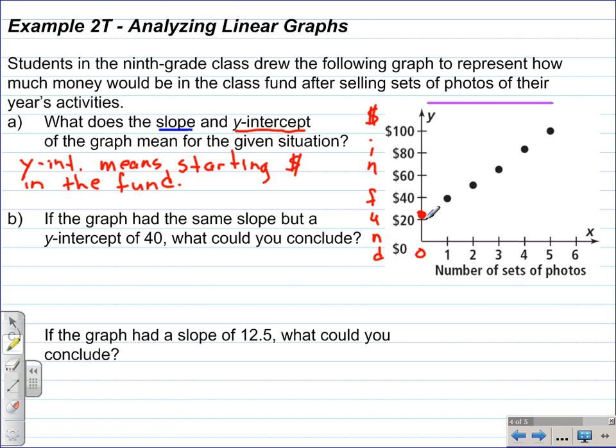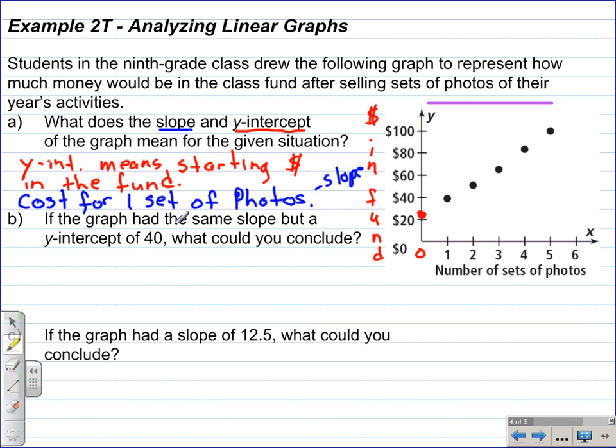So since each move to the right is 1 along the independent axis, or the number of photos, the slope is giving us the cost for one set of photos. That's what the slope means. The slope means the cost for one set of photos.